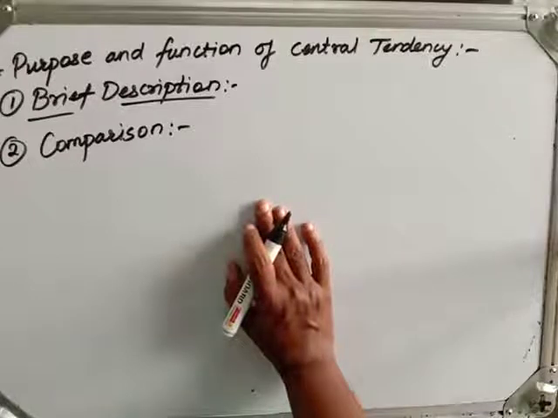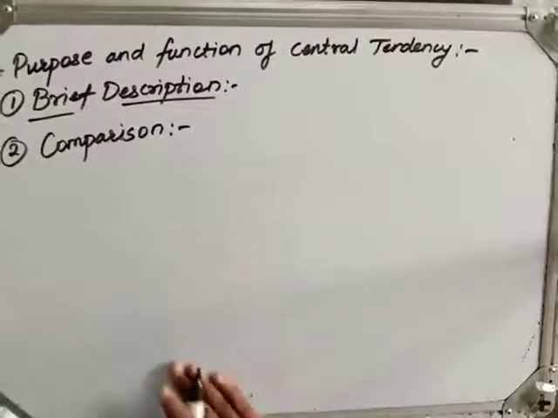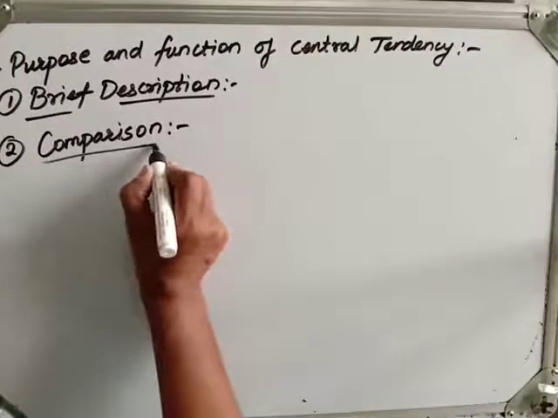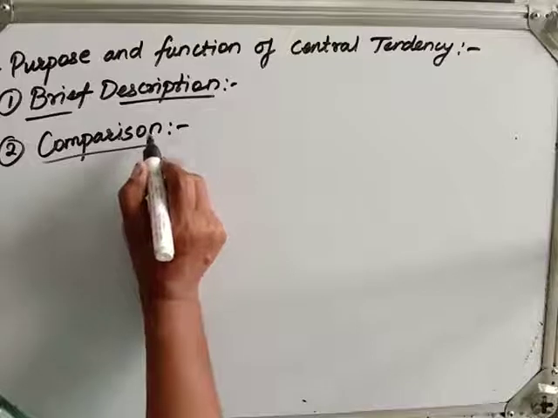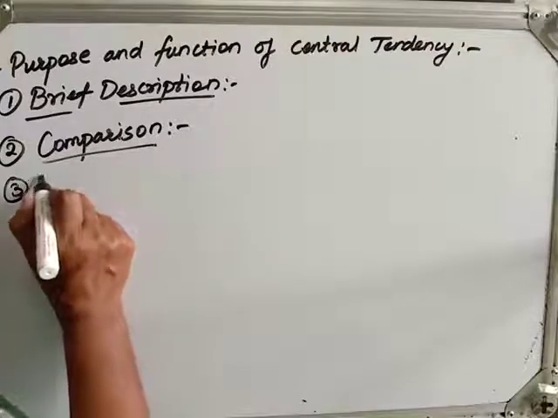So comparison is possible only when we can compute the averages of national income of both the countries. From that we can conclude which country is the developed country and which country is the developing country. As such, we can do the comparison from averages.